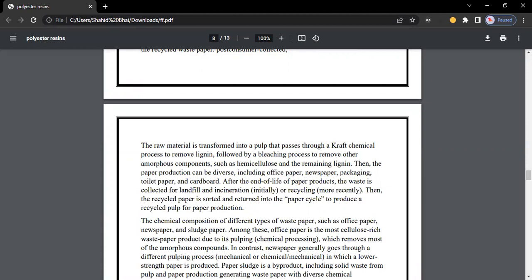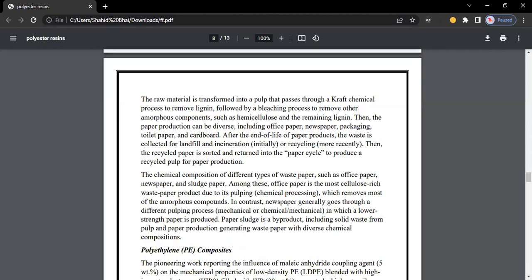Then the paper produced can be diverse, including office paper, newspaper, packaging, toilet paper, and cardboard. At the end of life of the paper product, the waste paper is sorted and returned to the paper cycle to produce a recycled pulp for paper production.